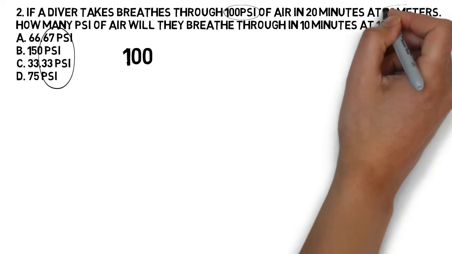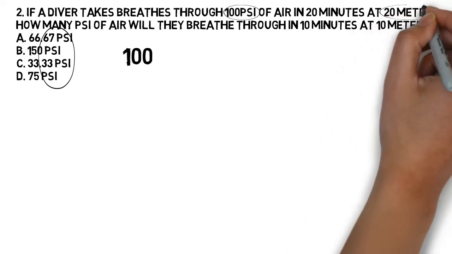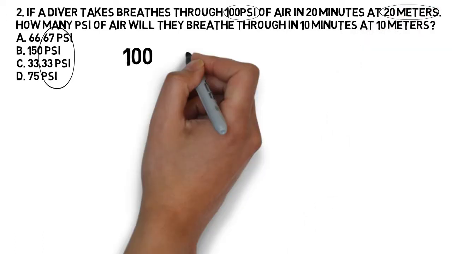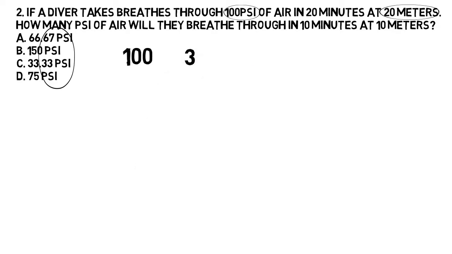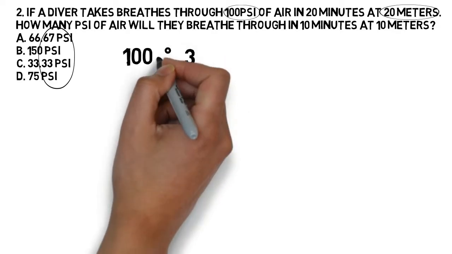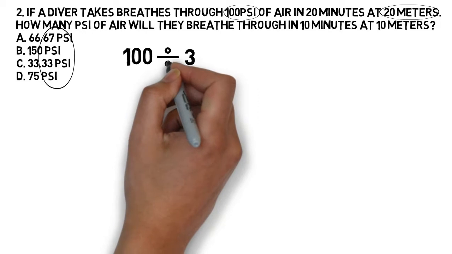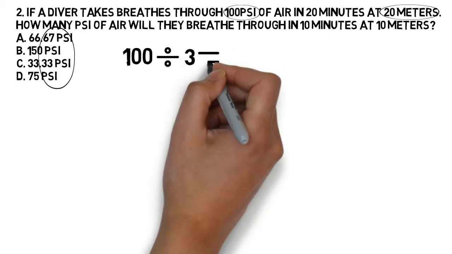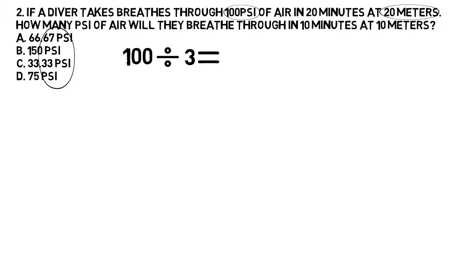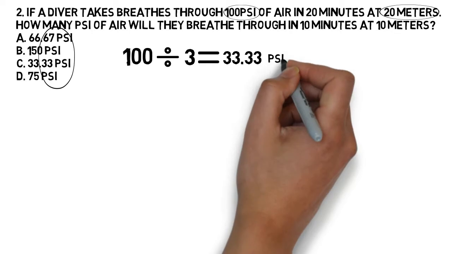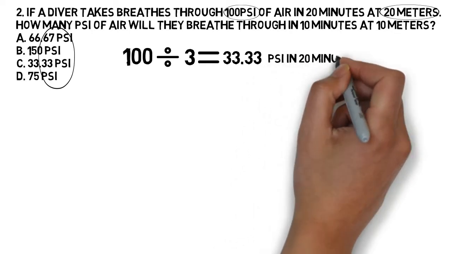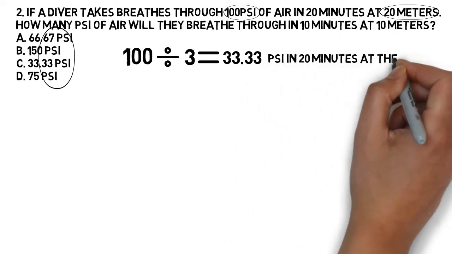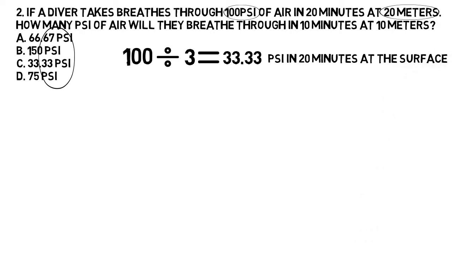I then look at the depth at which I'm breathing through 100 PSI and work out that's 3 atmospheres. I want to go to the surface when I'm using the 1, 2, 3 approach, and I know I will breathe through less PSI of air at the surface than I would at 20 meters, so I need to make the number smaller. I need to divide, and I get my 33.33 PSI of air in 20 minutes at the surface.